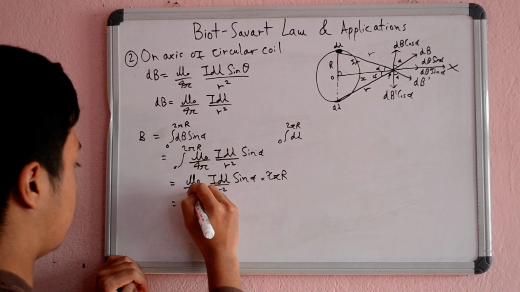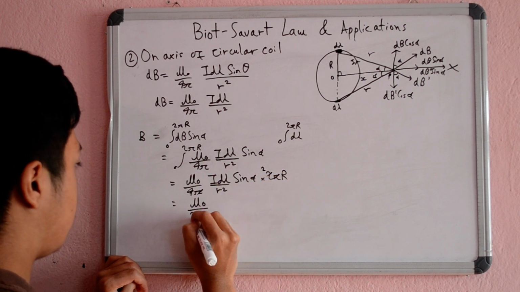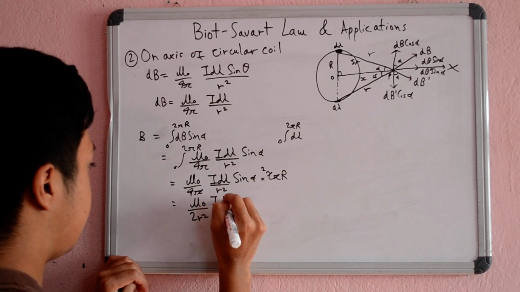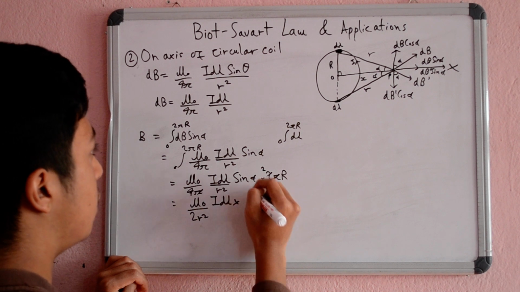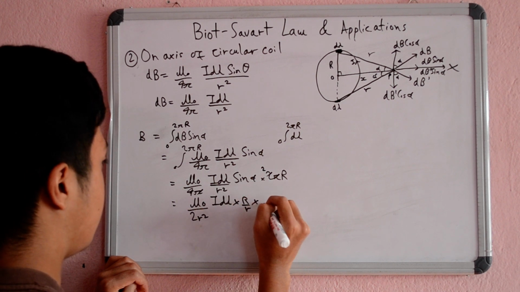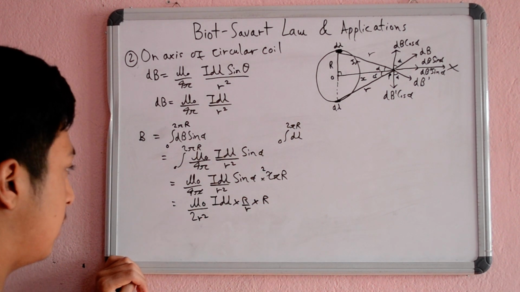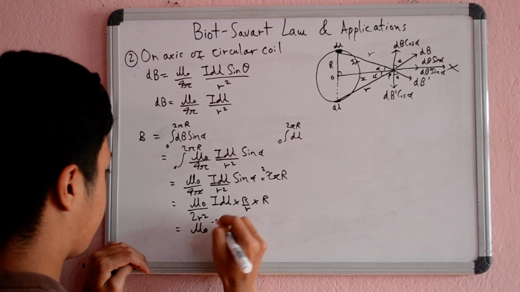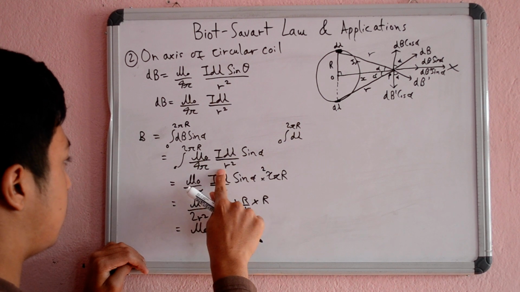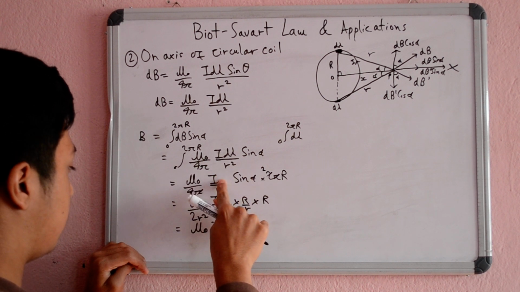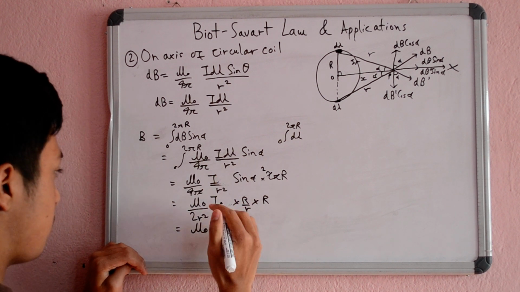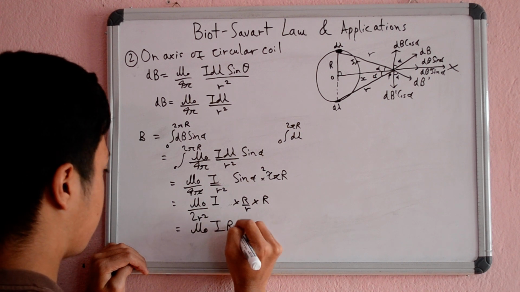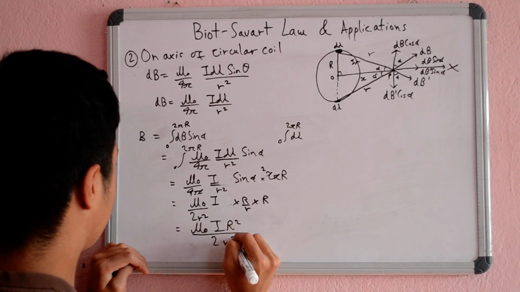Pi cancels, 2 cancels, so it will be mu naught I R square by 2 r cube.